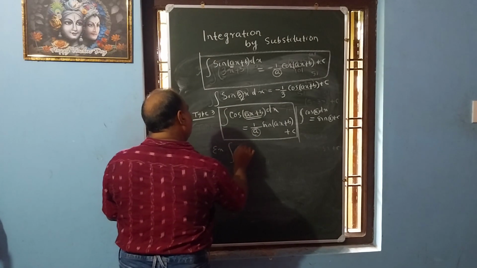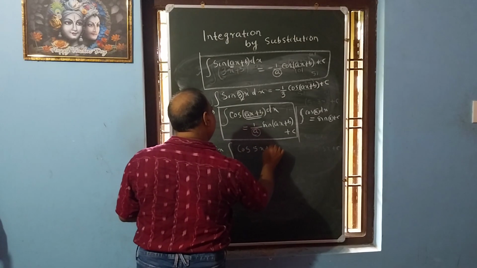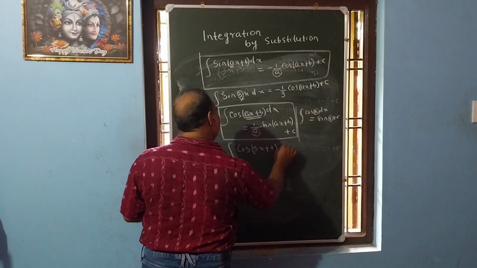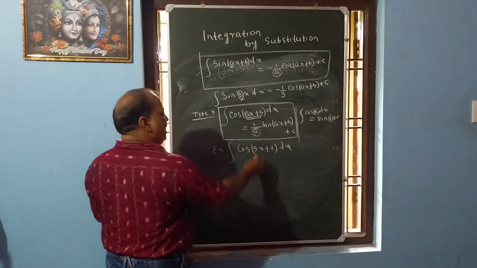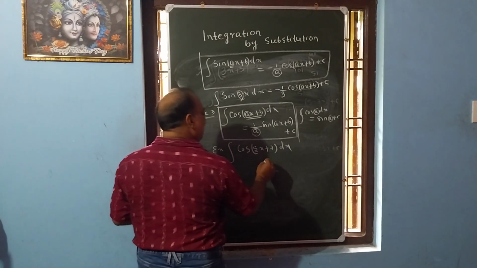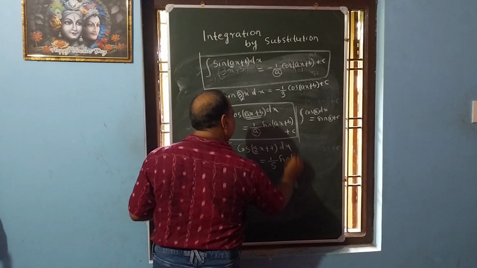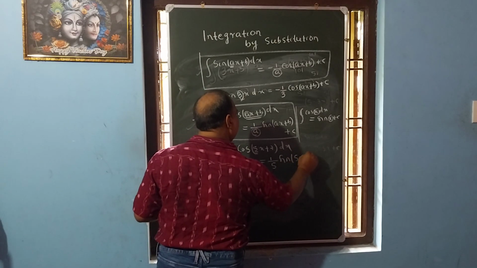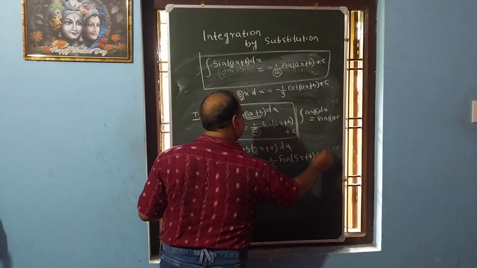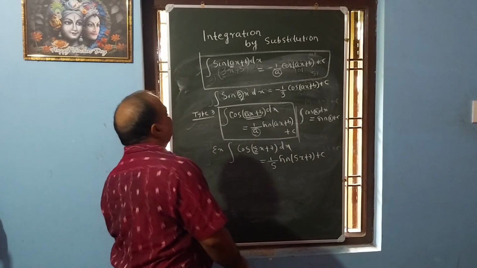Write down cos(5x + 7) dx. You see here, the coefficient of x is equal to 5. So the integral value will become 1 by 5 sin(5x + 7) plus c. Okay, so this is type number 3.